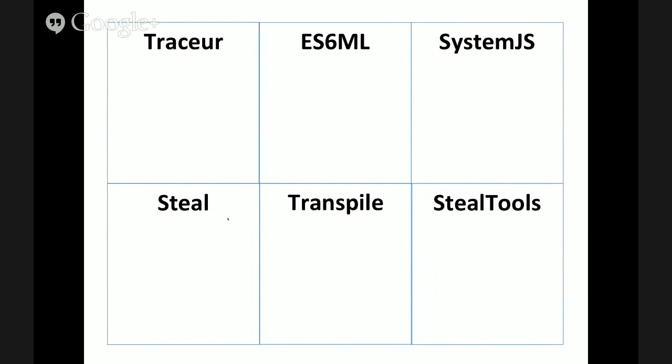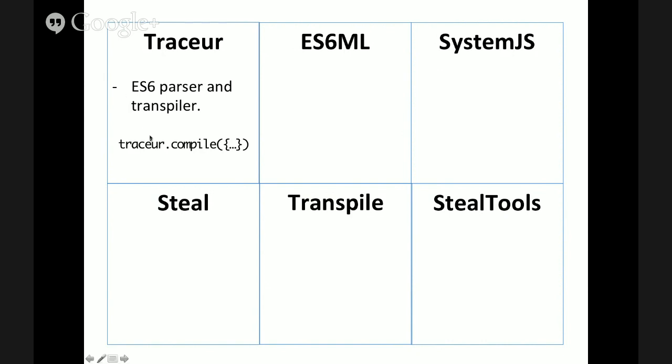The first is Tracer, which is an ES6 compiler. When I say ES6, for those who don't know, I mean ECMAScript 6, and ECMAScript is another name for JavaScript basically. It is an ECMAScript 6 compiler that outputs to ES5.